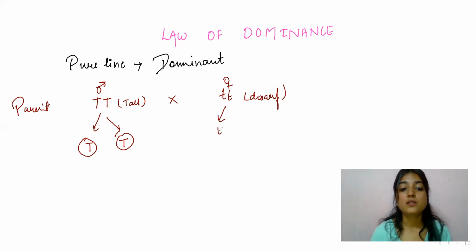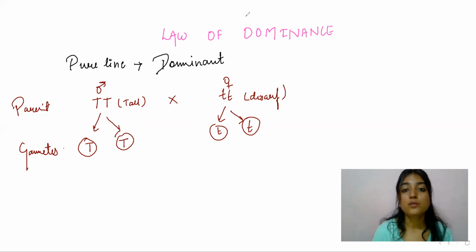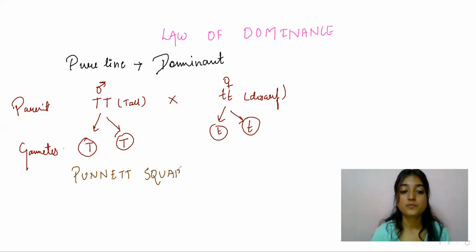Now we make the Punnett square, which is defined as the graphical representation of all the genotypes possible of an offspring in a particular cross.